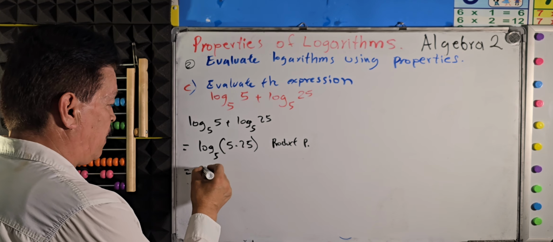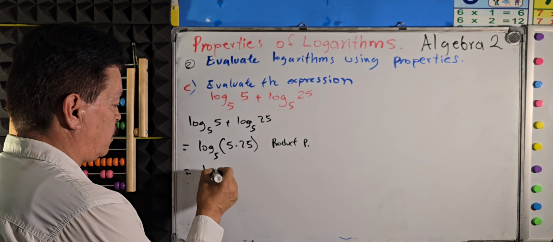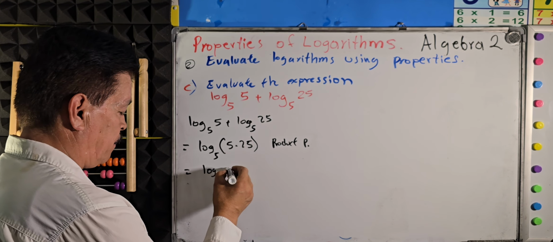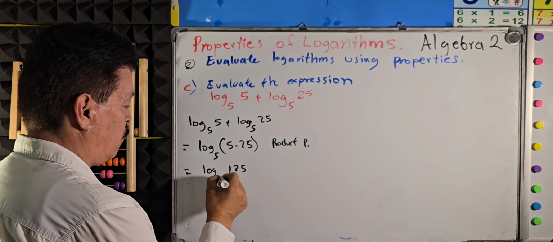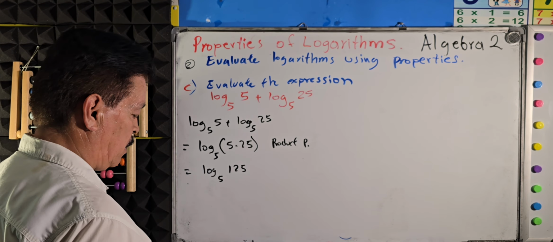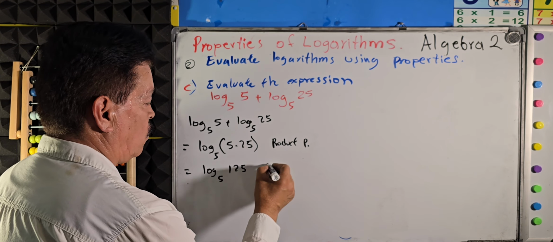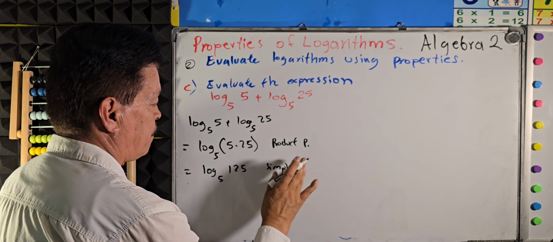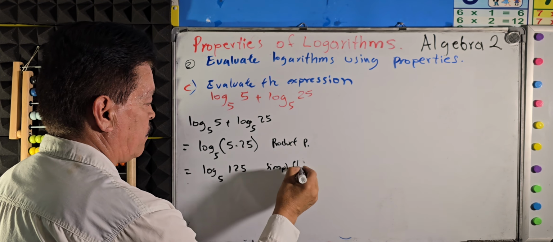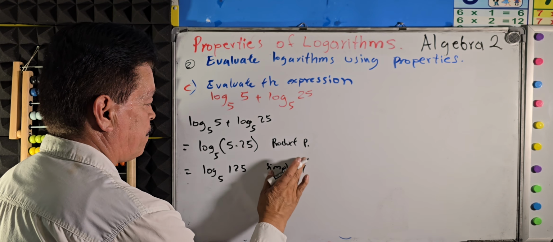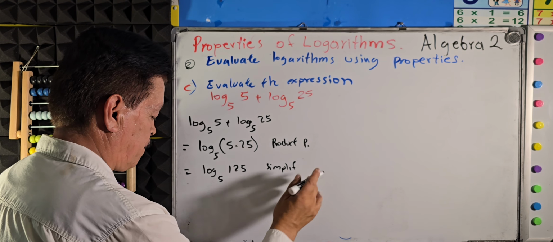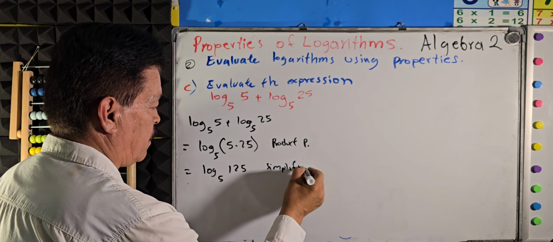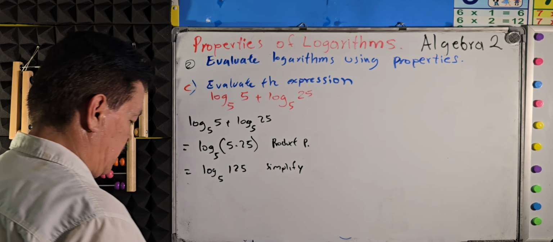If you simplify, you will have log 125 with the base 5. So simplify here. That's the step.